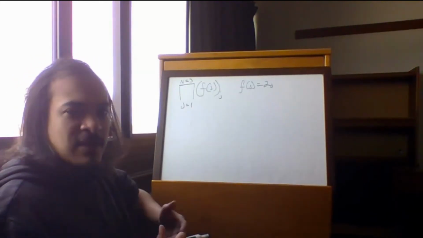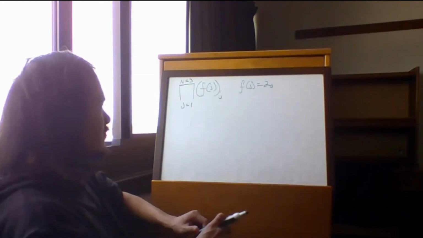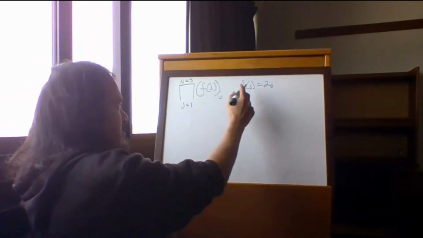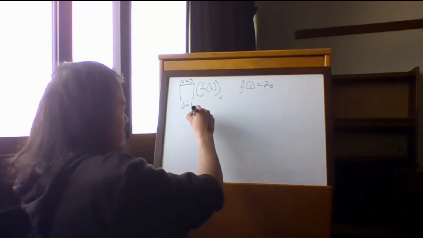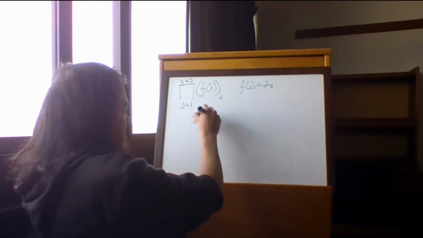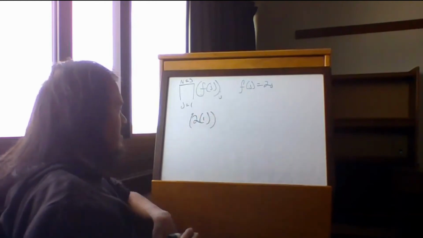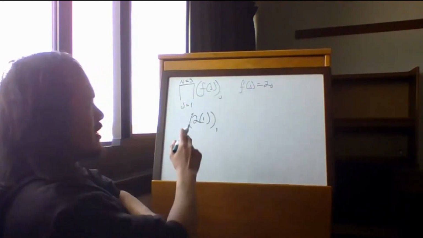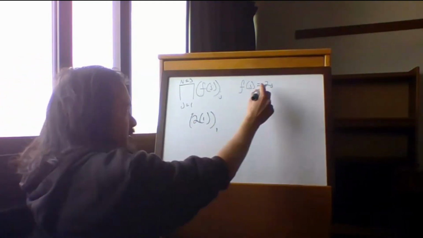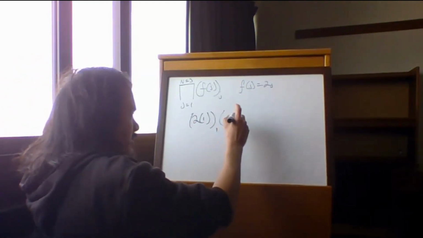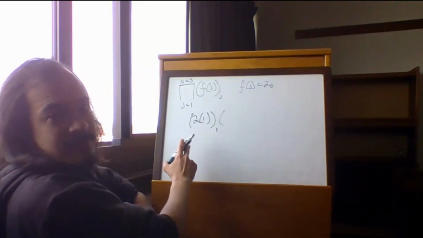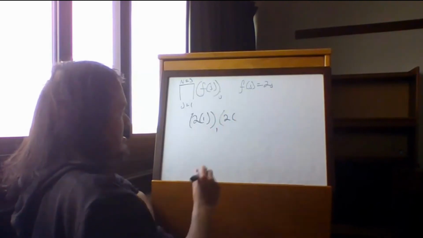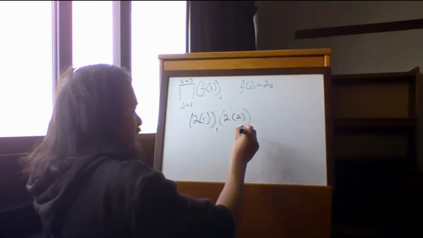All right, so let's work this out. We have j equals 1, so we have 2 times 1. This is our first one. And then our second one, j equals 2, so we replace that with a 2 right up here. Instead of adding, we're going to be multiplying by 2 times 2.